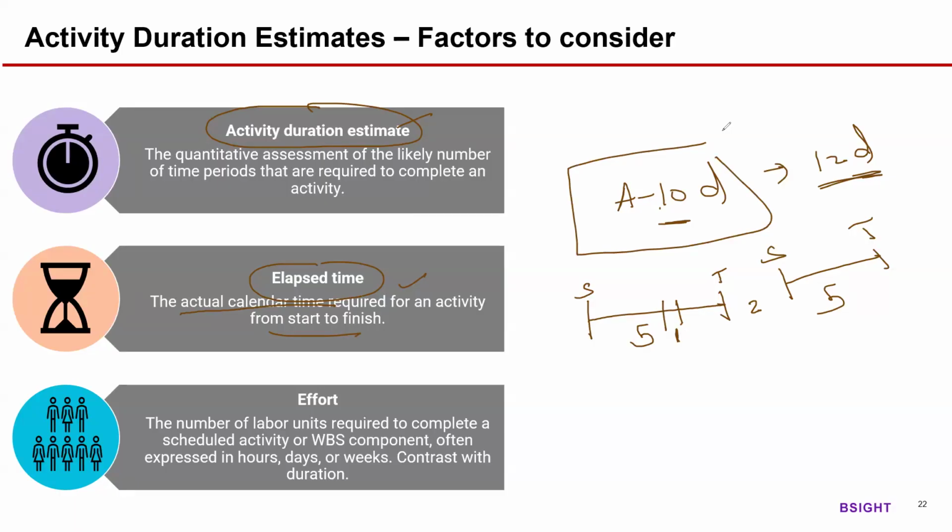In calendar days, how long will it take to finish activity A? In the first week, you're only working for 4 days, not 5. It's a day off, and the duration of the activity is still the same, 10 days. So what is the elapsed duration of activity A? We have 2 answers, 13 and 15.